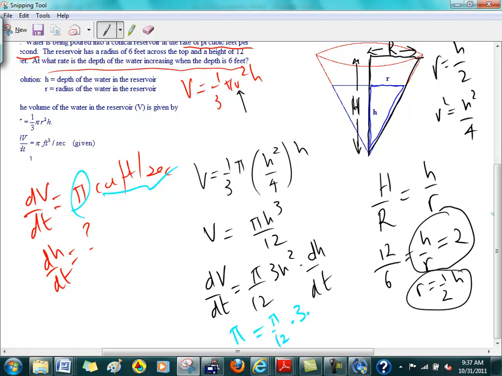Does it tell you what height you want to figure this out at? What's 6 squared? 36. Can I cancel this and this? What do I get? 3. Can I cancel the pi and the pi?